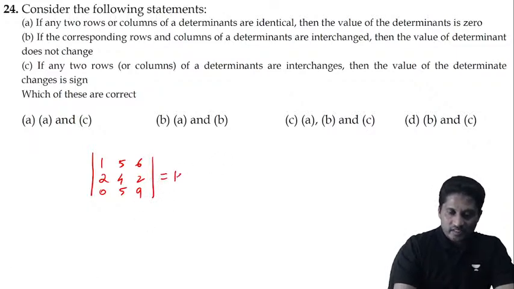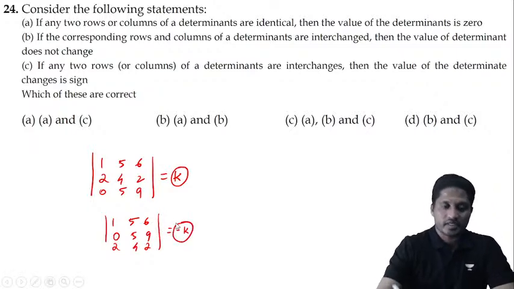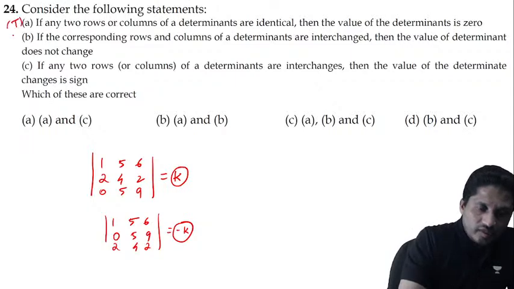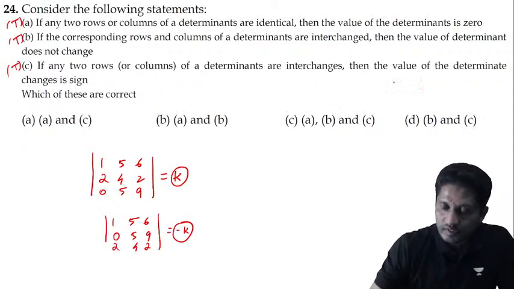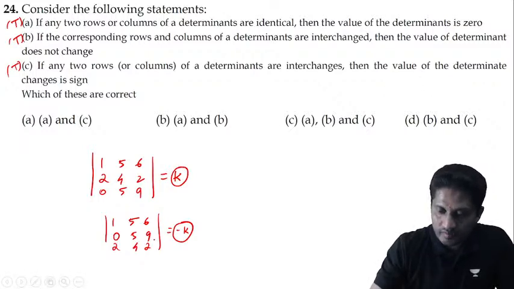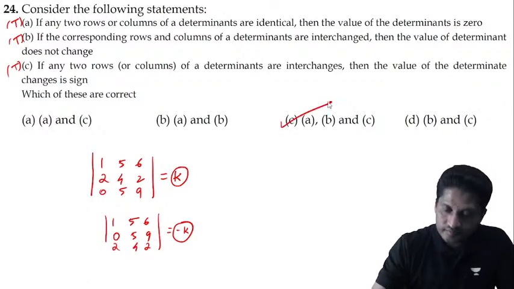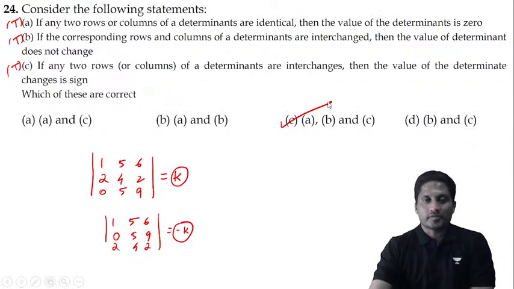Let's say the value of this is k, some scalar. If you interchange any two rows, say 0, 5, 9 and 2, 4, 2, then the sign will change. Instead of plus k you get minus k. If it is minus k, then it is plus k. So this is true, even this is true, even this is true. So all of these are true. Which of the following are correct? All A, B, C are correct. Answer is option C.